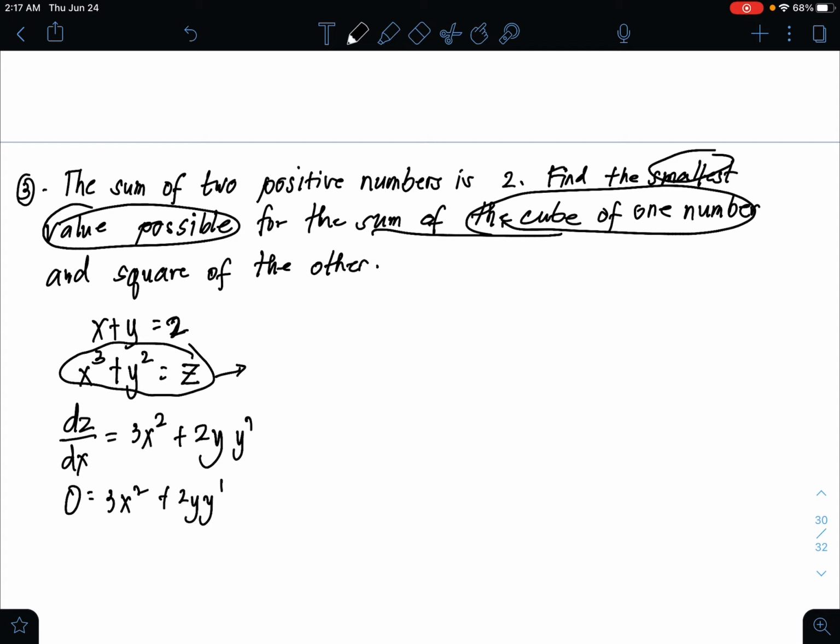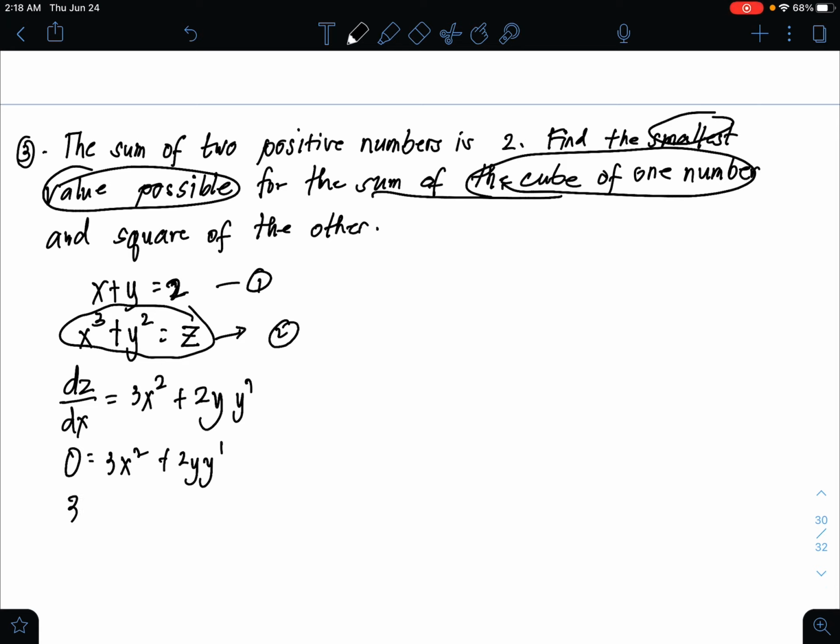Because you cannot simply get any value from this to this, since this has 3 variables and this is only 1. So we look for a way to derive the second equation. Therefore, 3x squared equals 2y y prime.